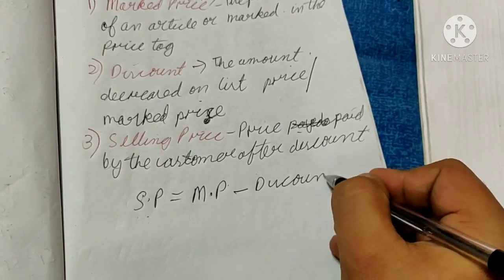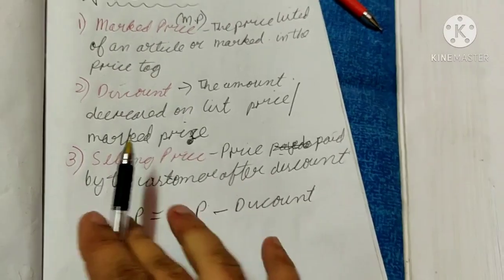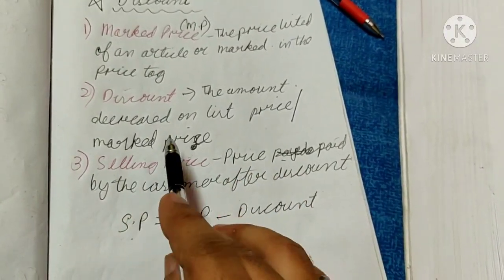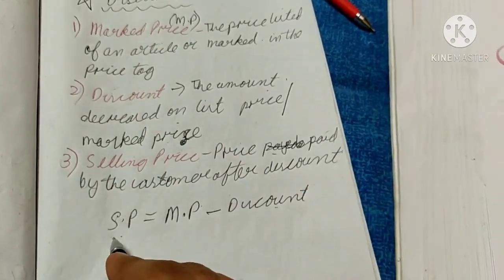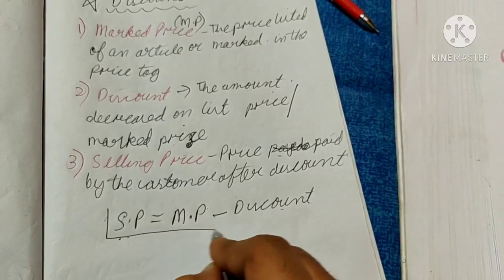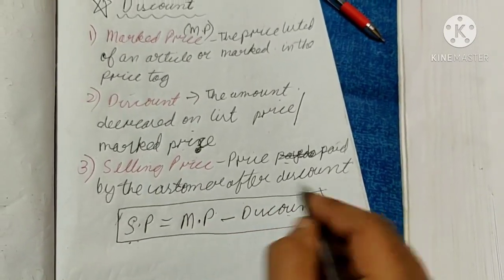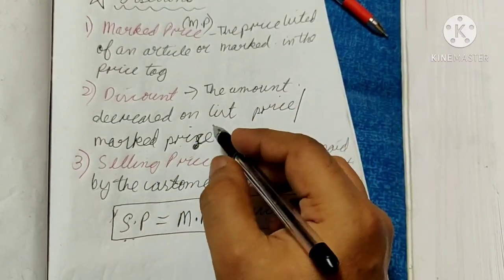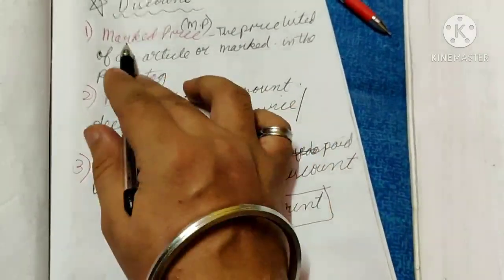SP equals MP minus discount. It means the shopkeeper decreases the marked price or the listed price. So this is the amount decreased, and after decreasing, the customer has to pay this. So this is the first formula here. Amount decreased on list price or marked price means discount is related to the list price or marked price, that is MP.